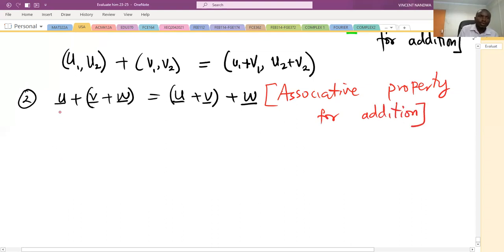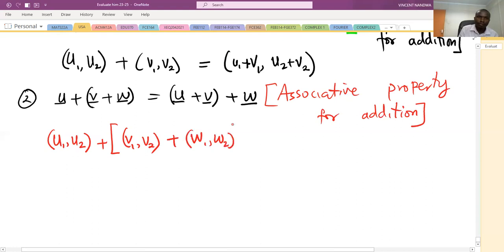So U is given by U1, U2, plus V is V1, V2, and then W is W1, W2.